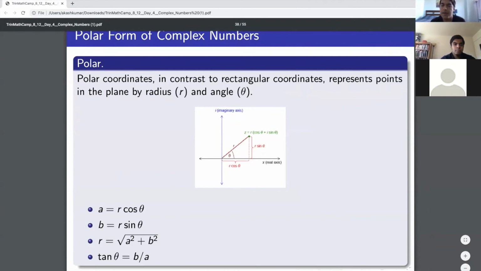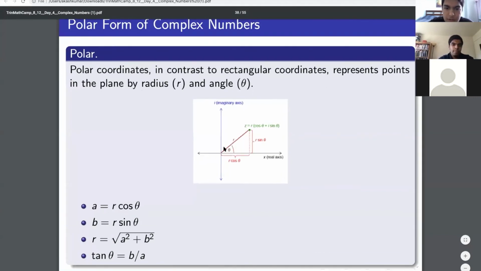You may or may not have seen polar coordinates in a math class in your own middle or high school. If you know some trig, you can see that if you have this angle theta, and you know the distance is r, in other words the magnitude is r, then this is a whole new way of representing your numbers.